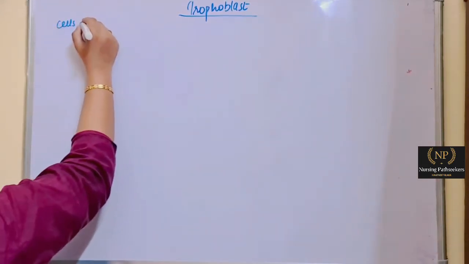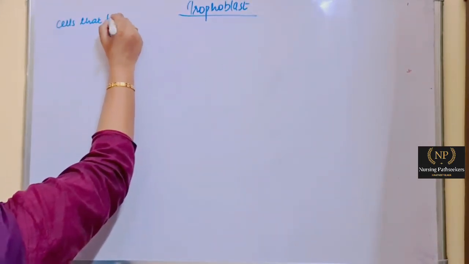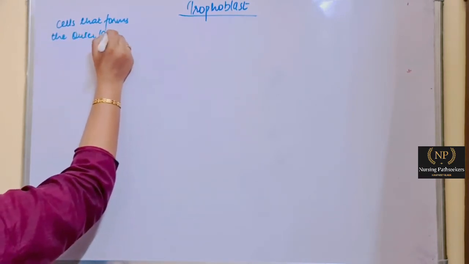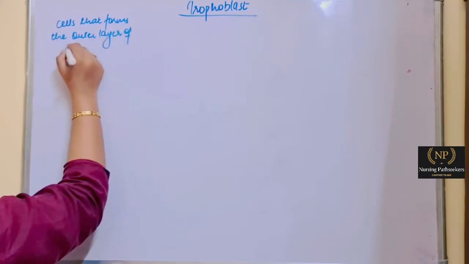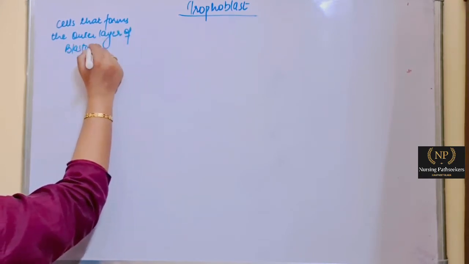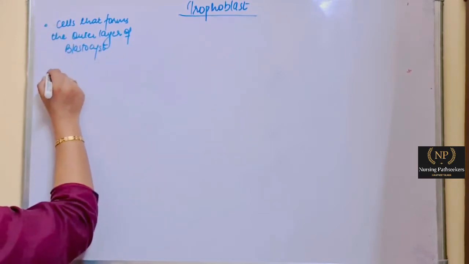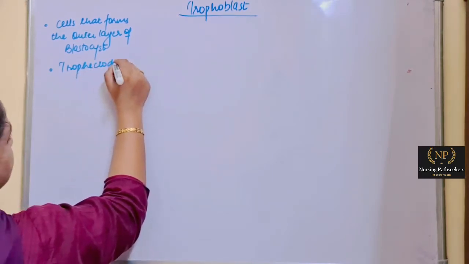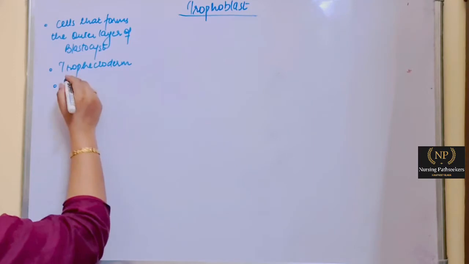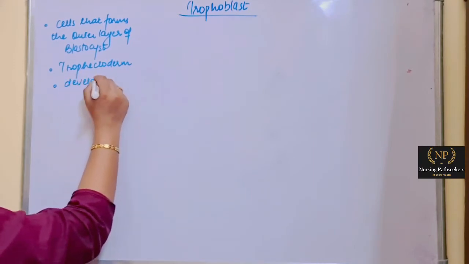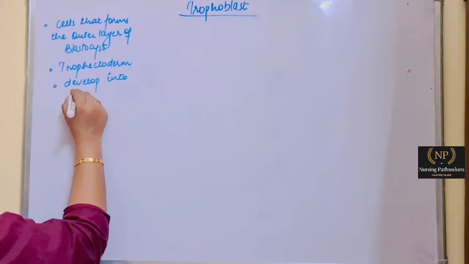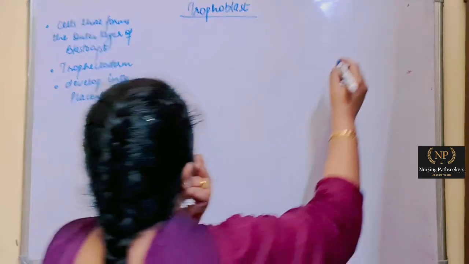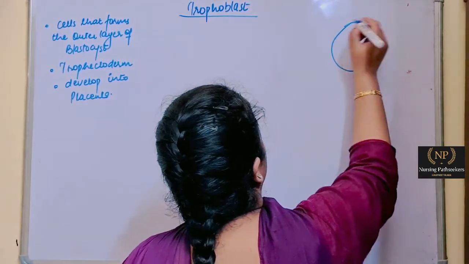These are the cells that form the outer layer of the blastocyst, also called trophoblast. This is the layer that will further develop into the placenta. Now let's have a look at the trophoblast layer.